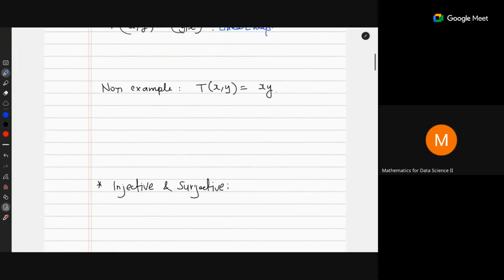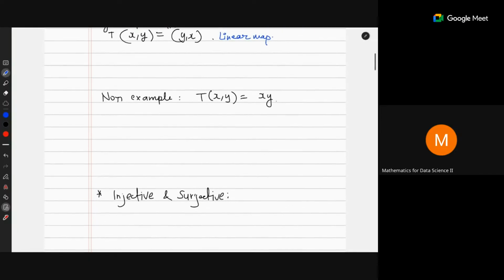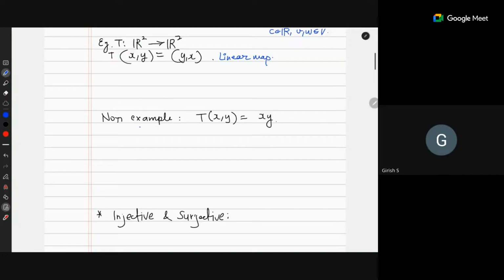Can anyone tell me why it is not a linear map? So let's check. T of (Cx, Cy) will be C square xy, but C times T of (x, y) is Cxy. Correct. So what he is saying is that if it is a linear map, then it should satisfy this condition, that while multiplying a scalar to the vector, the C must come out.